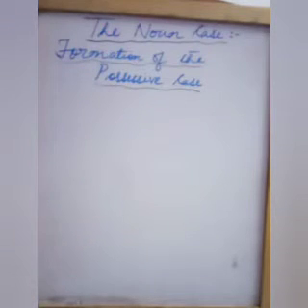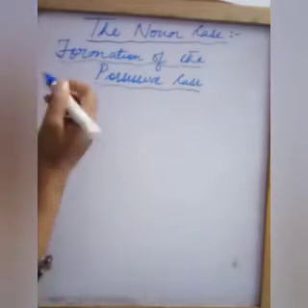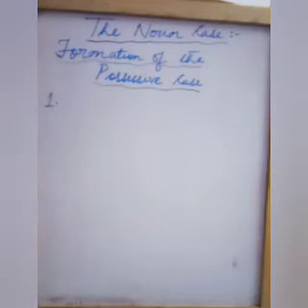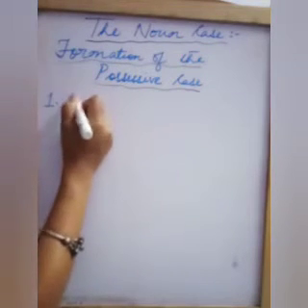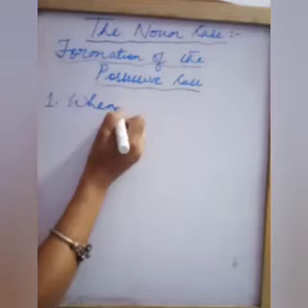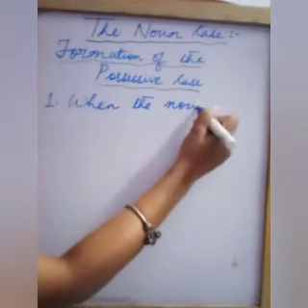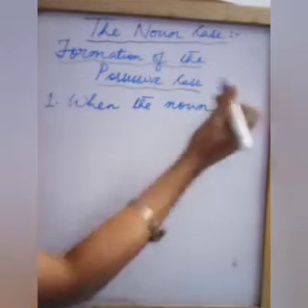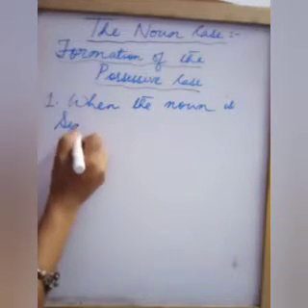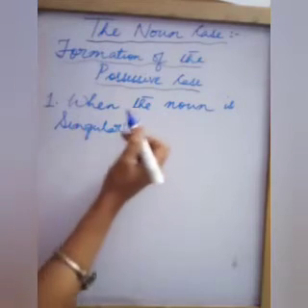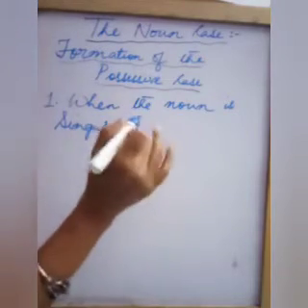Alright, so let's begin. The first rule, or the first condition for formation of the possessive case: when the noun is singular, how is the possessive case then formed?